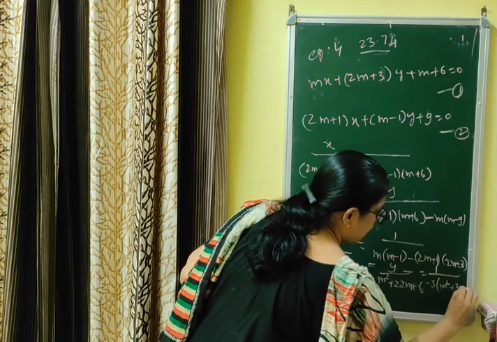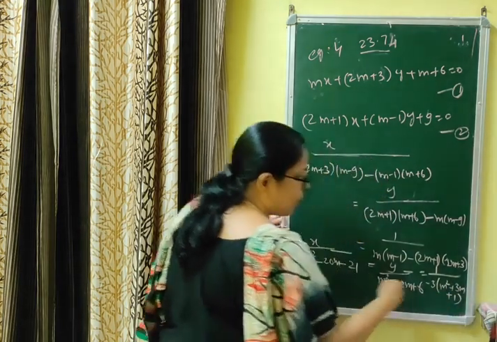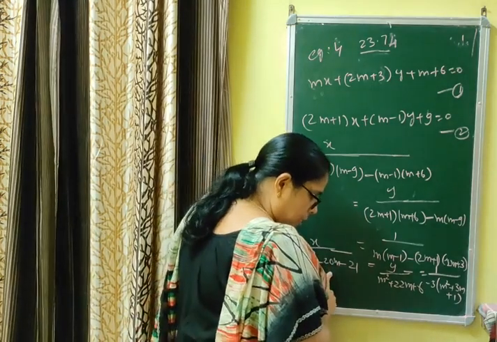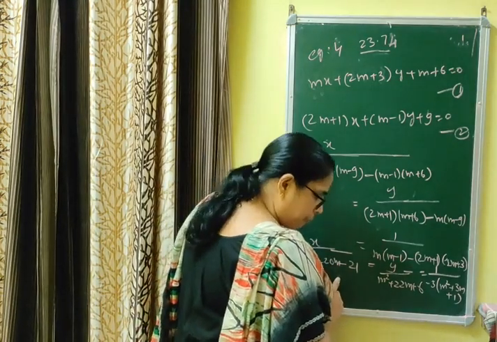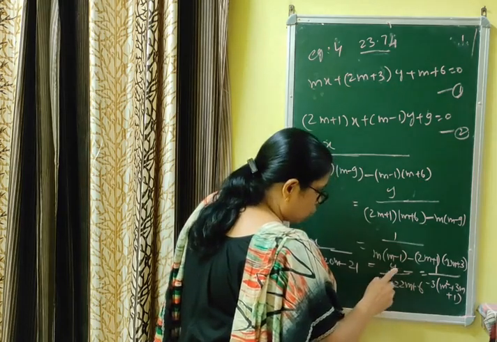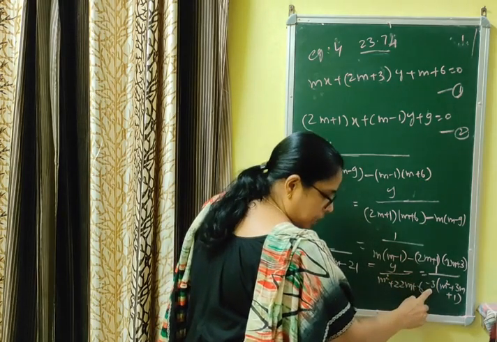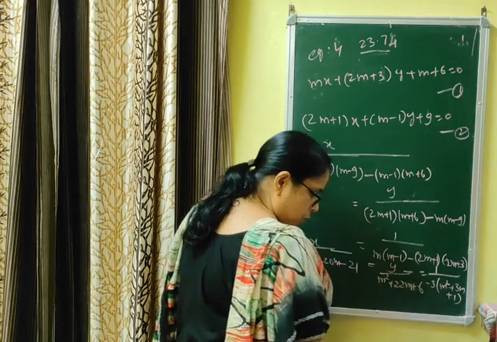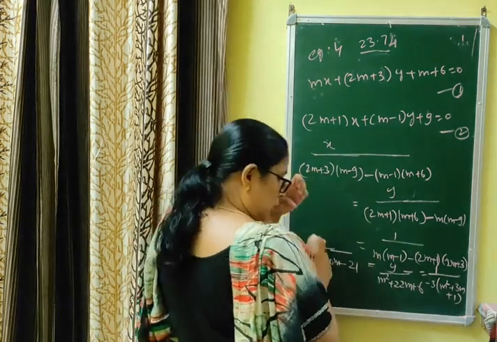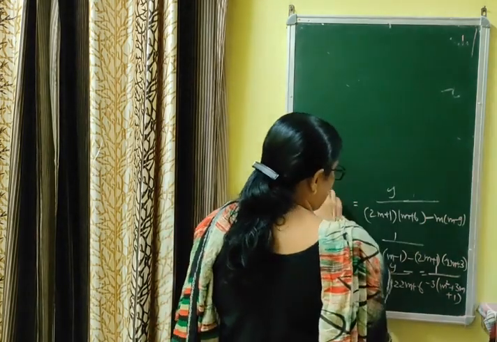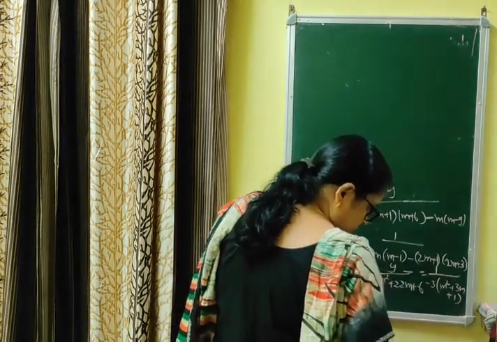We have to find the coordinate of x because since the line intersects the y axis, the x coordinate will be 0. That is x equal to what?